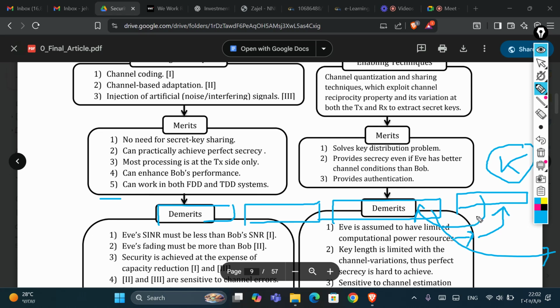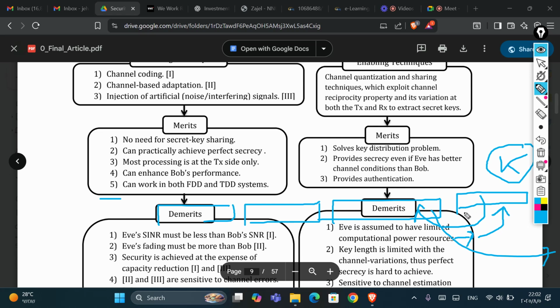Why? Because you are using the same key with different packets and you are not updating your key frequently. So what are you doing essentially? You are giving attackers and eavesdroppers more time to know what the key is, because you are using it with many packets, and you are opening the opportunity for eavesdroppers to use analysis attacks, which is really bad because they can guess the key.